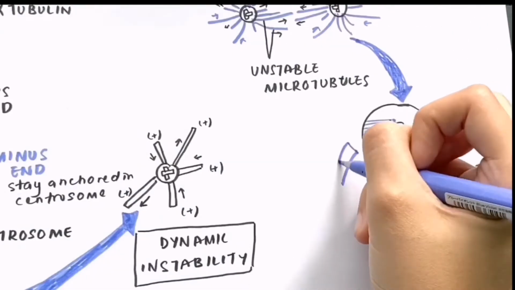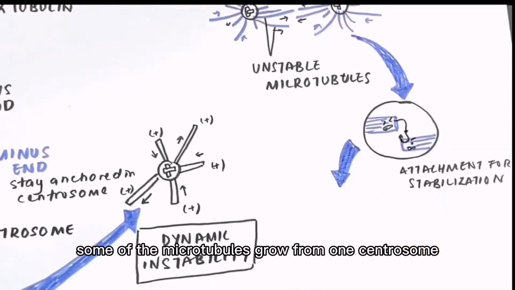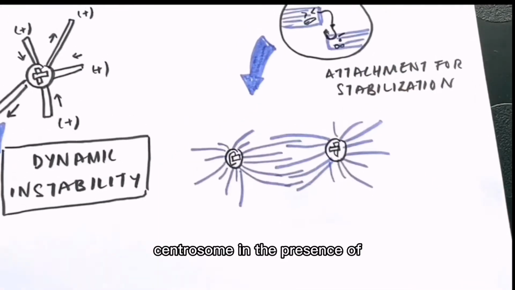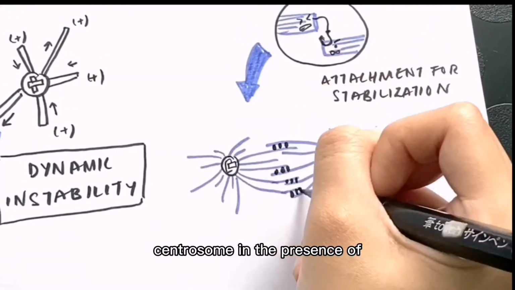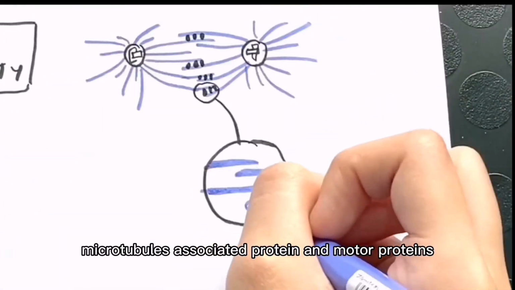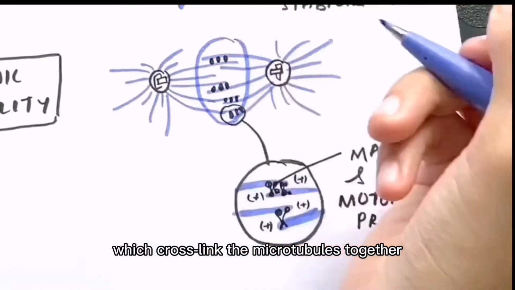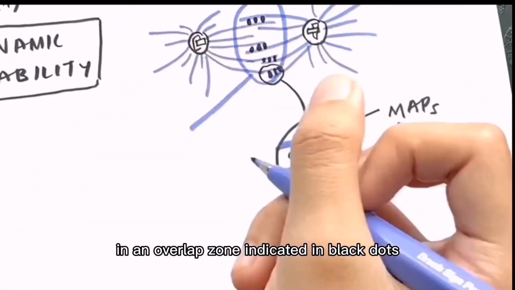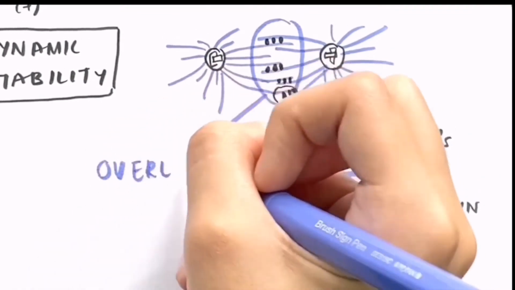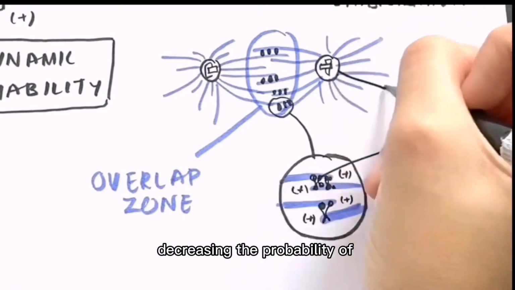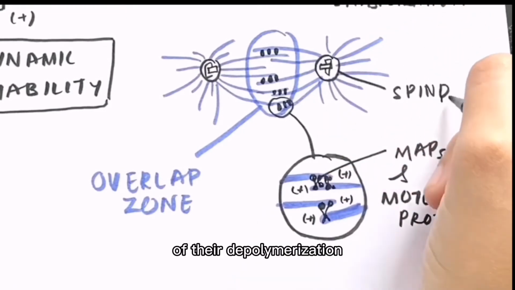As a result, some of the microtubules grow from one centrosome and interact with the microtubules from the other centrosome in the presence of microtubule-associated proteins and motor proteins, which cross-link the microtubules together in an overlap zone indicated in black dots. This helps stabilize the plus ends by decreasing the probability of their depolymerization.